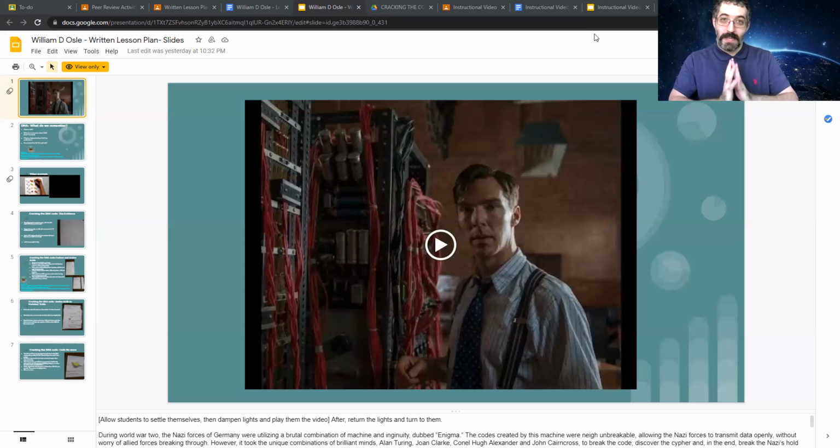However, it took the unique combination of brilliant minds, Alan Turing, Joan Clarke, Commander Hugh Alexander, and John Cairncross to break the code, discover a cipher, and in the end, break the Nazis' hold over Europe. Twenty years after this, a new code began to emerge, one no less complex, whose cracking could uncover the very secret language of life itself.